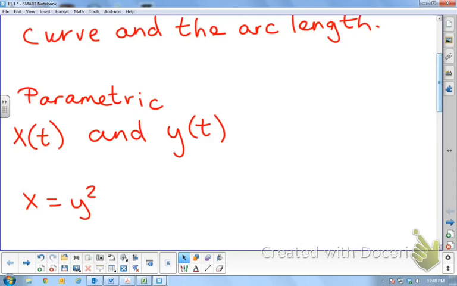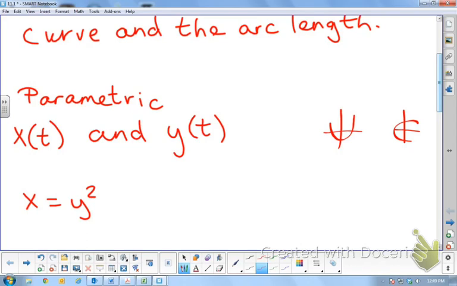What's the difference between a function and a relation? Think of it graphically. Which one is a function, which one is a relation? Function passes the vertical line test.